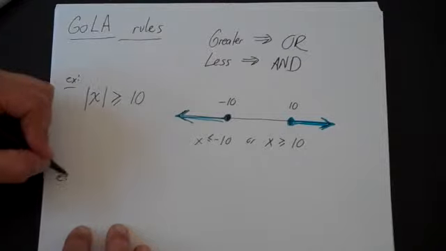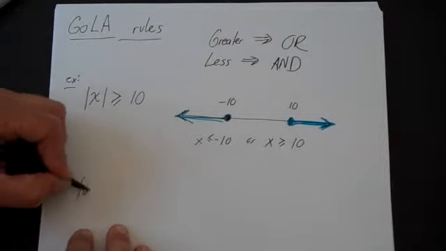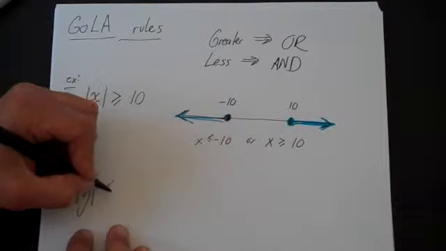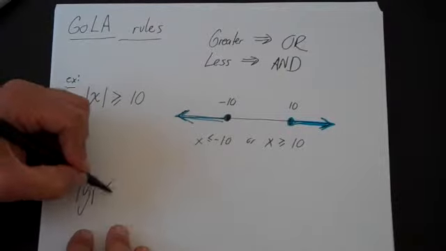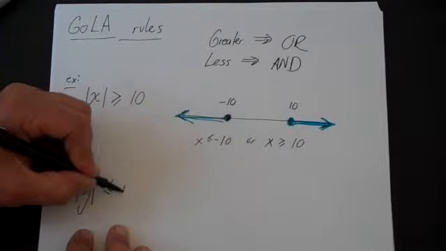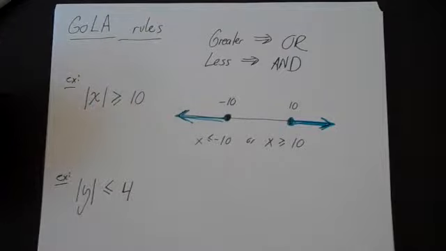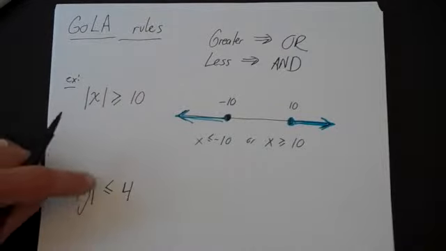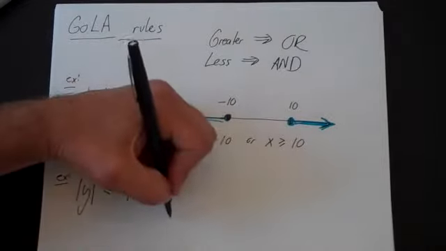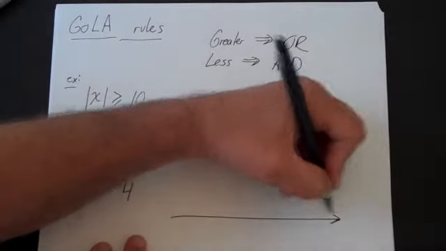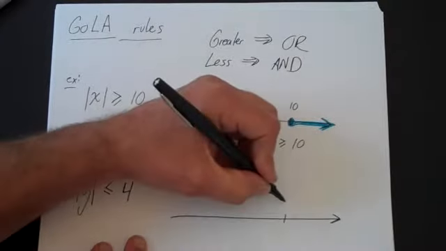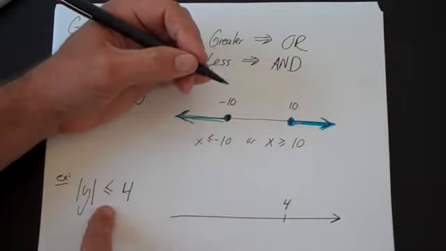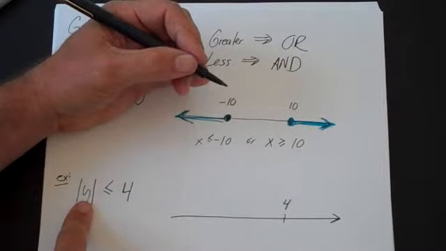The other example would be, let's say, absolute value of y less than or equal to 4. Well, if the absolute value of something is less than or equal to 4, then let's think on the positive side of it, it can be everything between 4 and 0, right? Absolute value of 3 is 3, and 3 is less than or equal to 4.